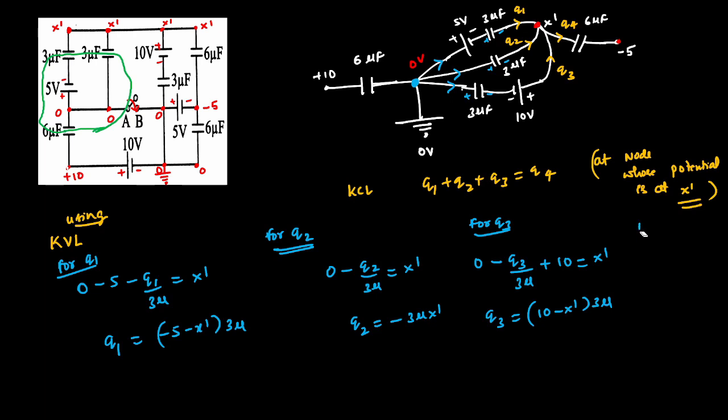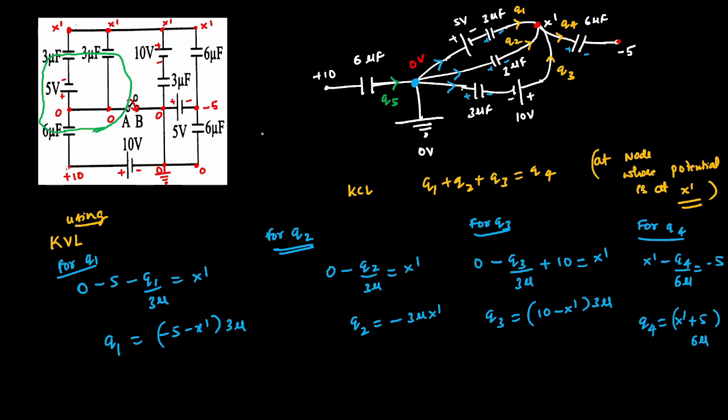Then we have pending work for Q4. For Q4 we start from X dash, so plus to minus, minus of Q4 by 6 micro is equal to minus 5. So Q4 is going to be X dash plus 5 times 6 micro. And if you want, you can name this one as some charge, like Q5.